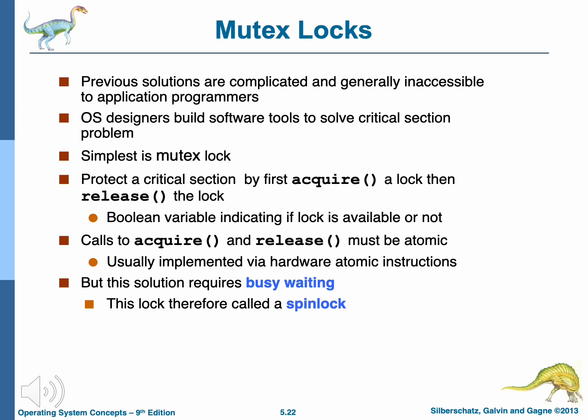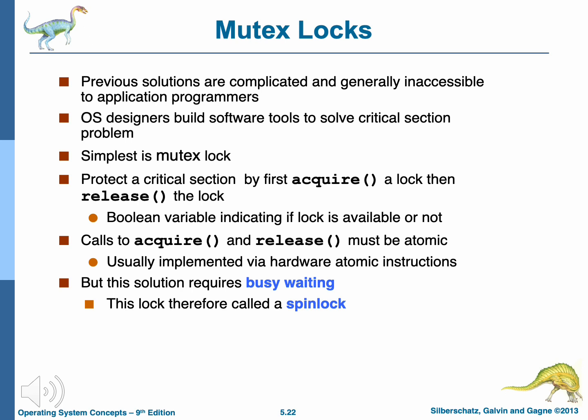A process that attempts to acquire an unavailable lock is blocked until the lock is released. Calls to either acquire or release must be performed atomically. Thus, mutex locks are often implemented using one of the hardware mechanisms described earlier, and we leave the description of this technique as an exercise.